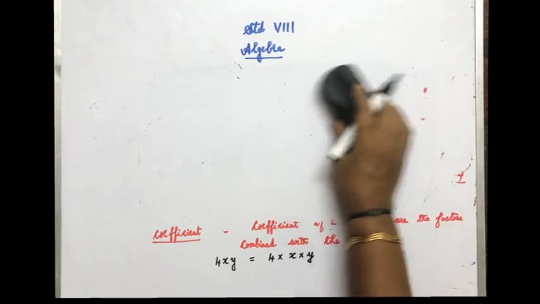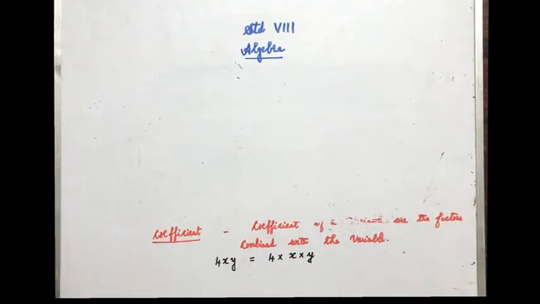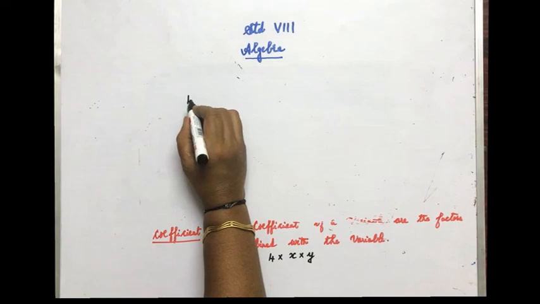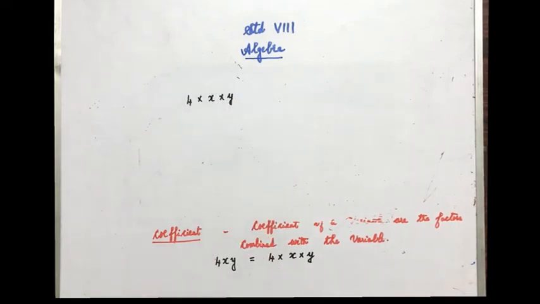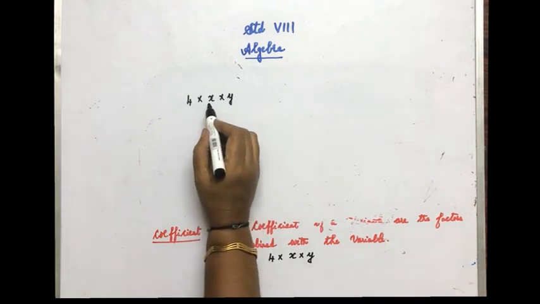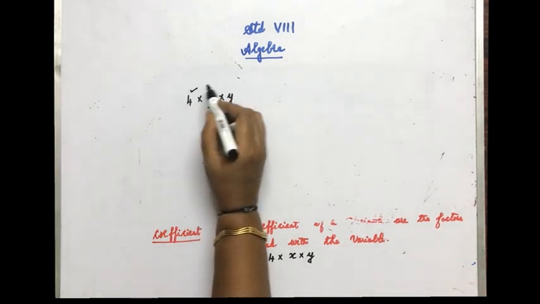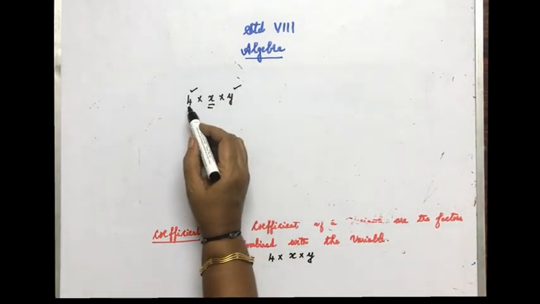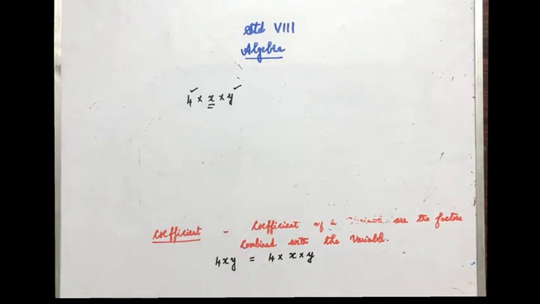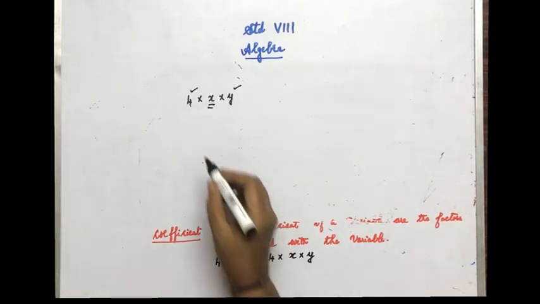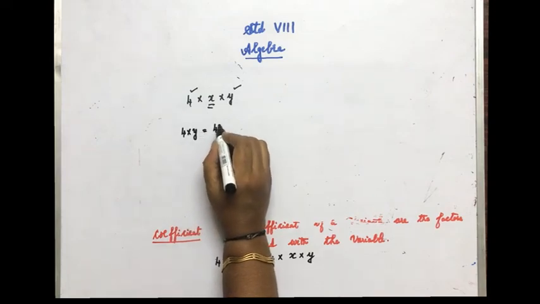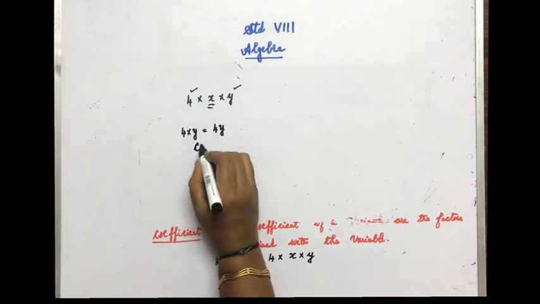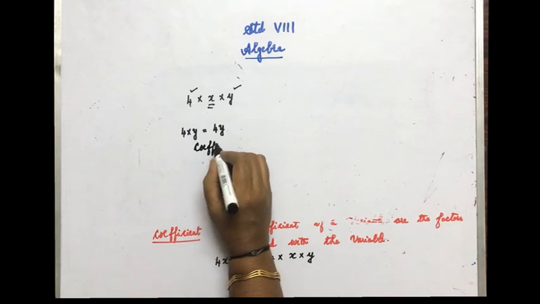Now we are going to see the coefficient. So 4 into x into y. If we want to find out the coefficient of x, the other factors combined with the variable. So what are the other factors combined? 4 into y, that can be written as 4y. So the coefficient of x is 4y.